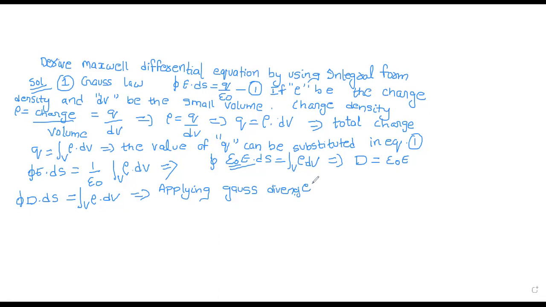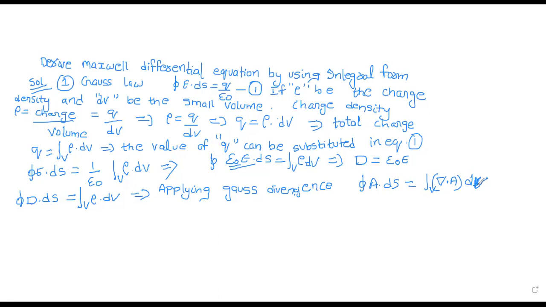The Gauss divergence theorem states that you can easily convert the integration of A into ds, where A is the variable, into the volume integration of del dot A into dv. This surface integration can be written this way, where del is the differential operator.